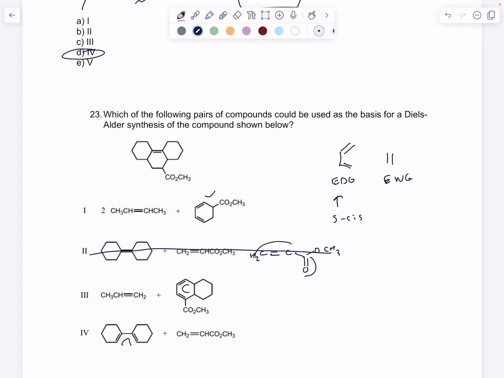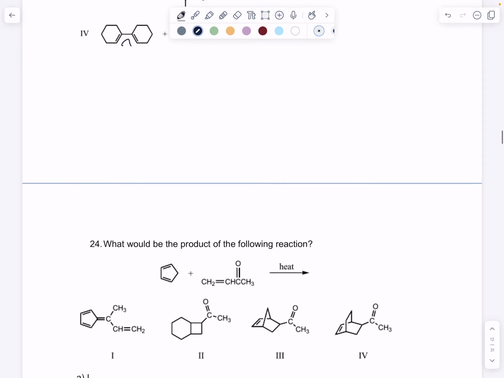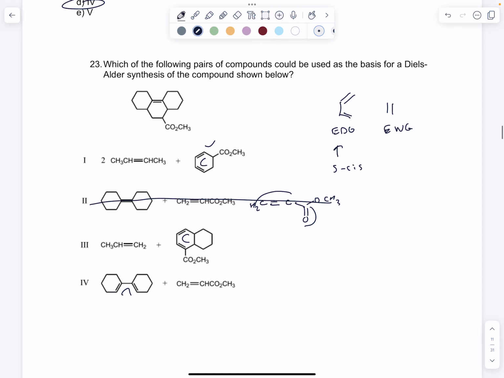This looks good. Okay, so all these have dienes except for 2, so I'm getting rid of 2. And then the next thing I'm going to look at is, do they have the capability of being an S-cis? All of those do. Then I'm going to look at whether we have electron donating groups or electron withdrawing groups on which one.